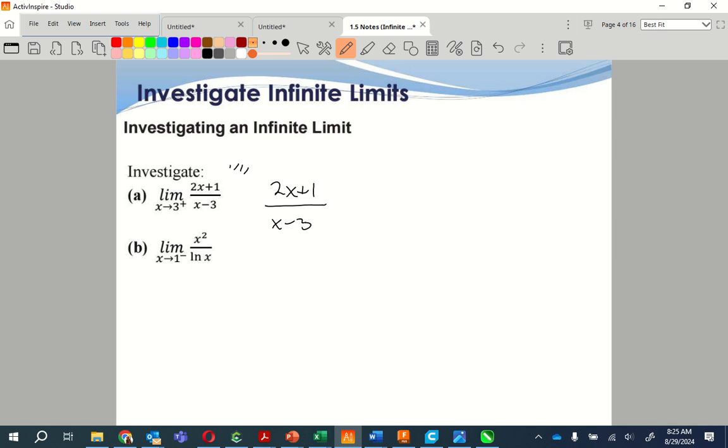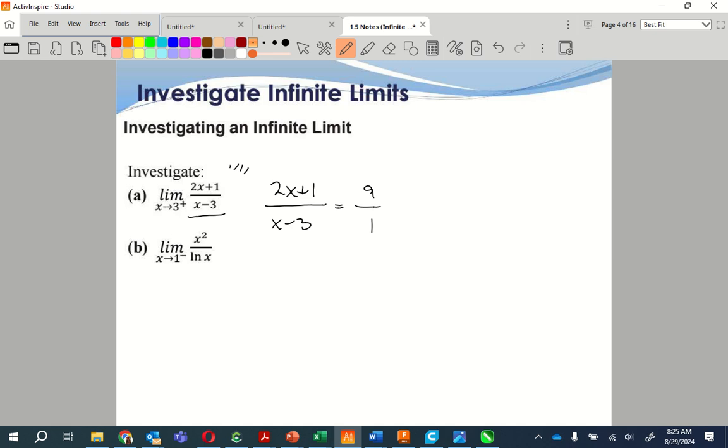I could start evaluating what it would look like here. Can I plug in a number to the right? Yeah, I can plug in 4 because, even if you don't have a calculator, you can plug in 4 pretty easily. So plug in 4, that's 9 over 1.